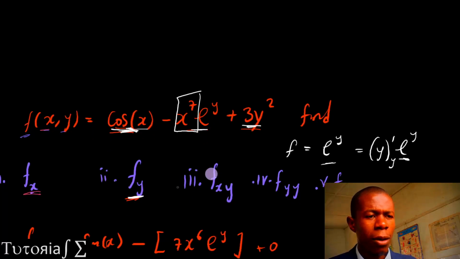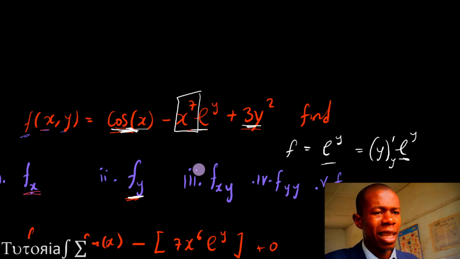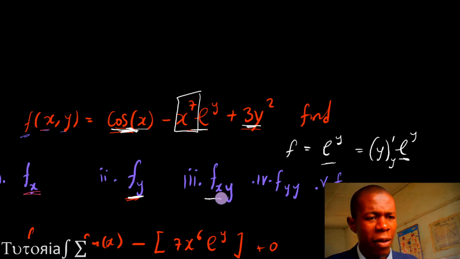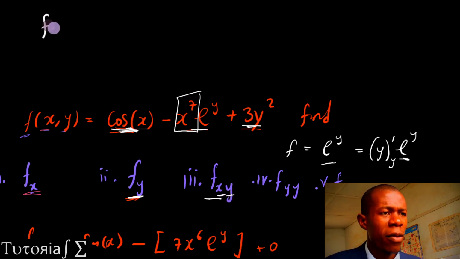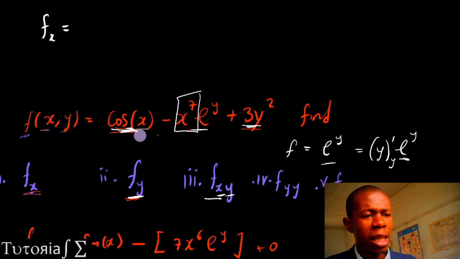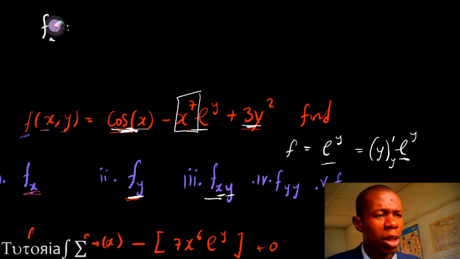Okay. So now for the derivative of f with respect to x, then with respect to y. So what we are looking for, let me just write it here, is f with respect to x, then with respect to y.